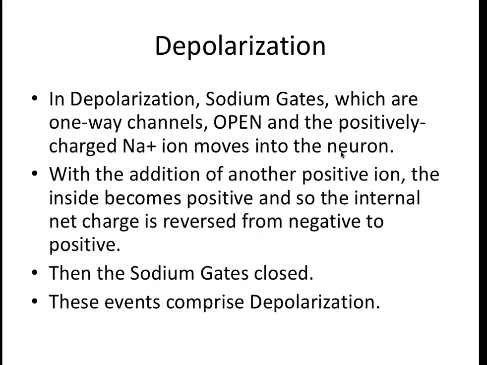So as the sodium goes in to the neuron, it's going to flip from negative to positive. With the addition of another positive ion, because potassium's already in there, the inside becomes positive, so the internal net charge is reversed from negative to positive. Then the gate will close, and that is depolarization.